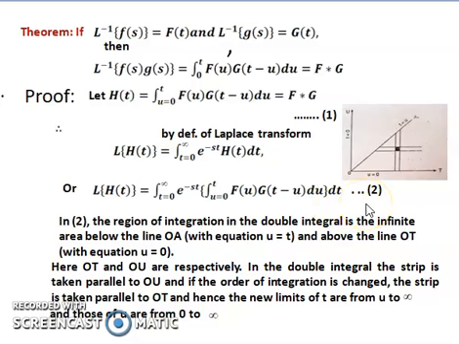Now this is the plotted area. In equation 2, it is a double integration, because the first integration is over 0 to infinity and the second is 0 to t.